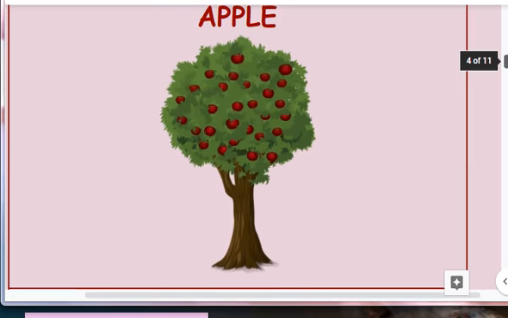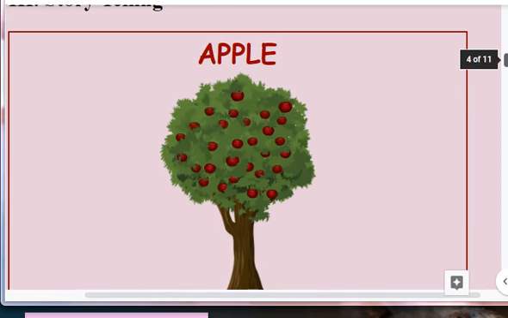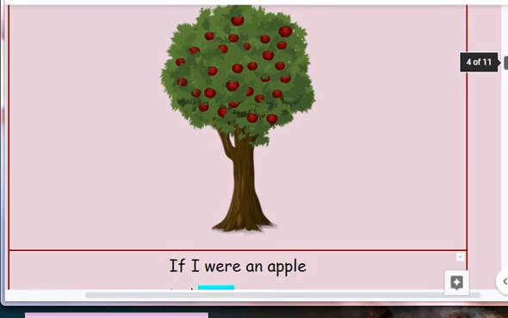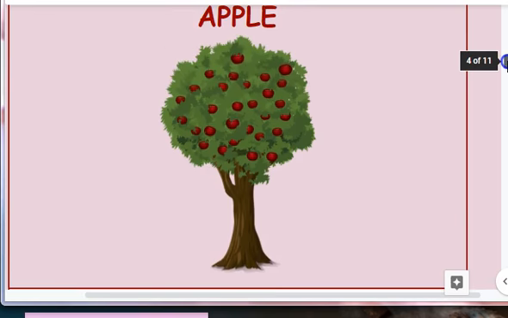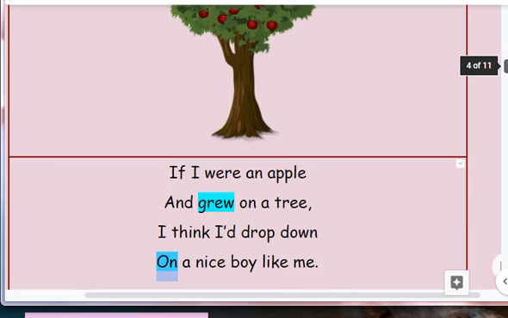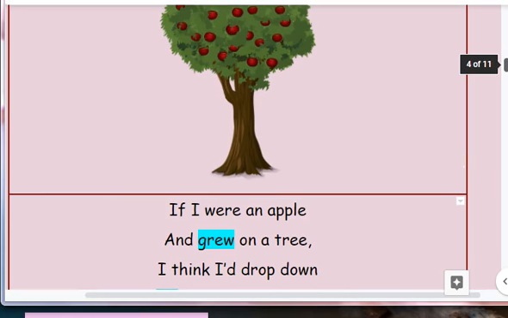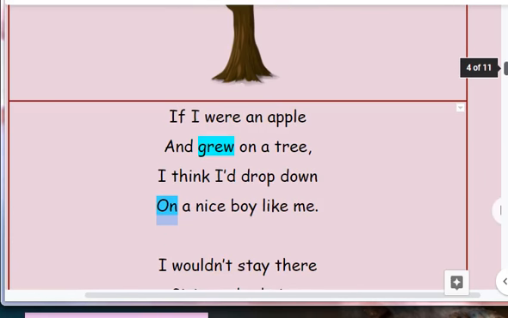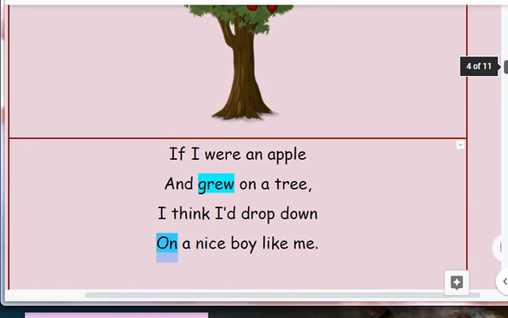About an apple who likes a boy. Is it the apple who is talking? Who do you think is talking in the story? The apple. I believe this is a boy talking.